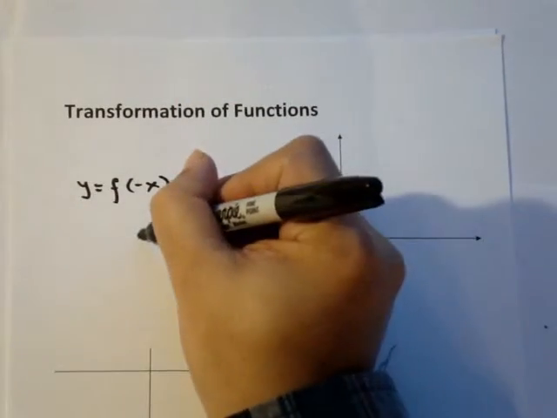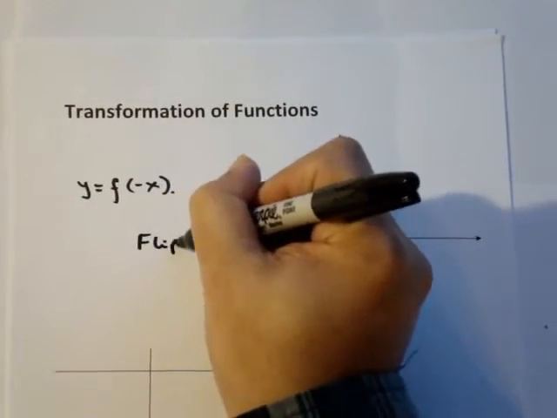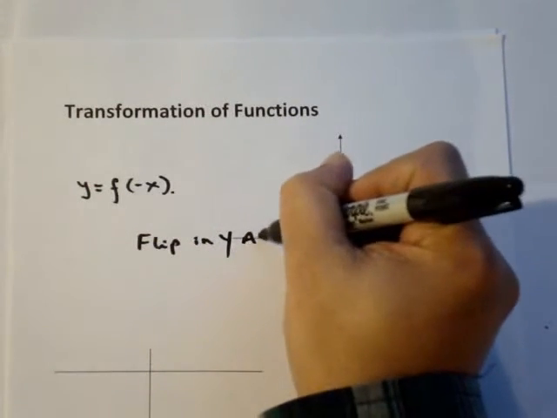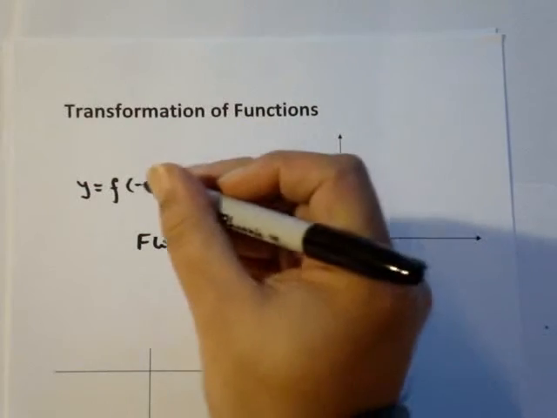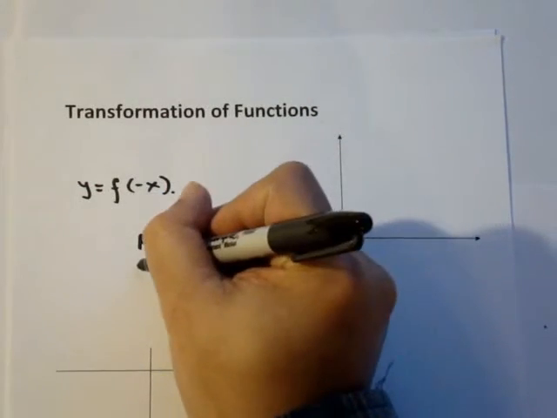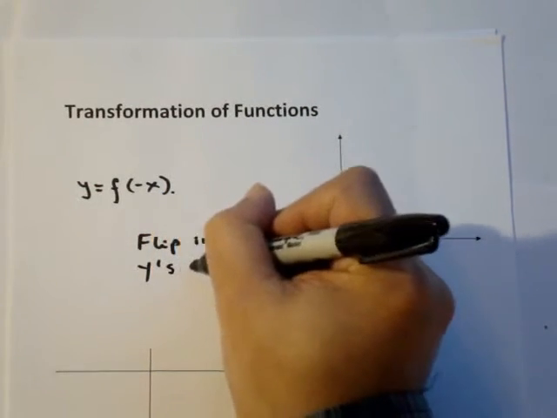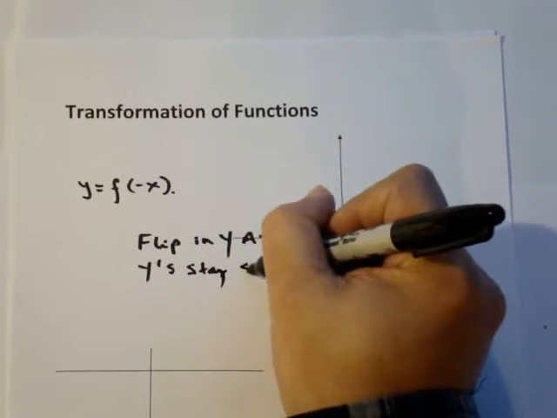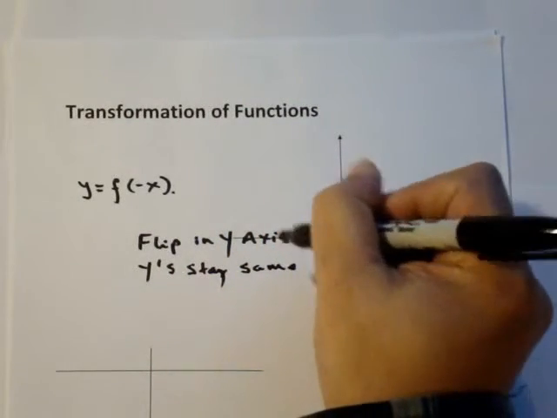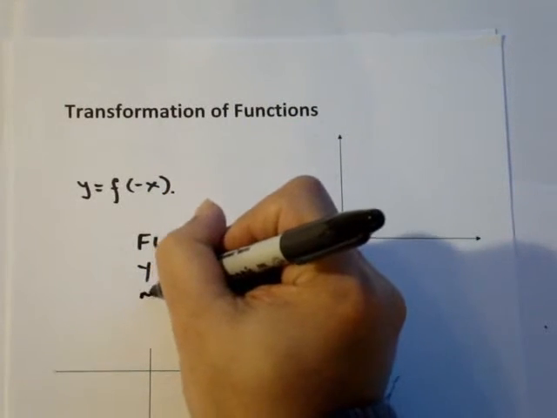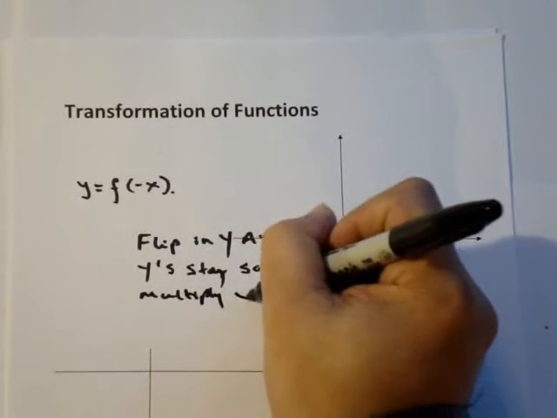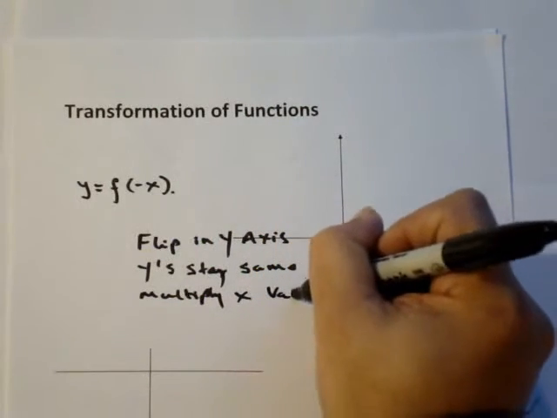So this is a flip in the y-axis, and the y's stay the same, and we multiply x values by minus 1.